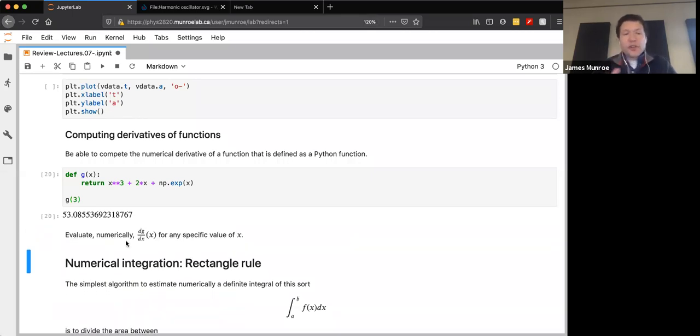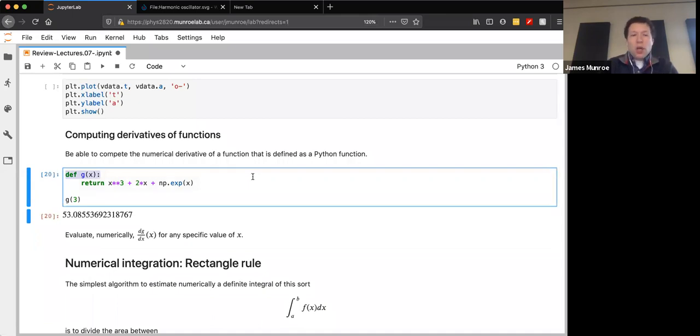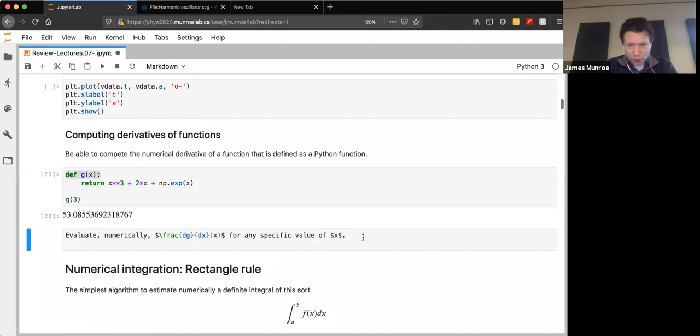There we go. So the thing is, can you, given some function, write some code that will return back the derivative of this function for any specific value? And I'll even be more explicit about it here.